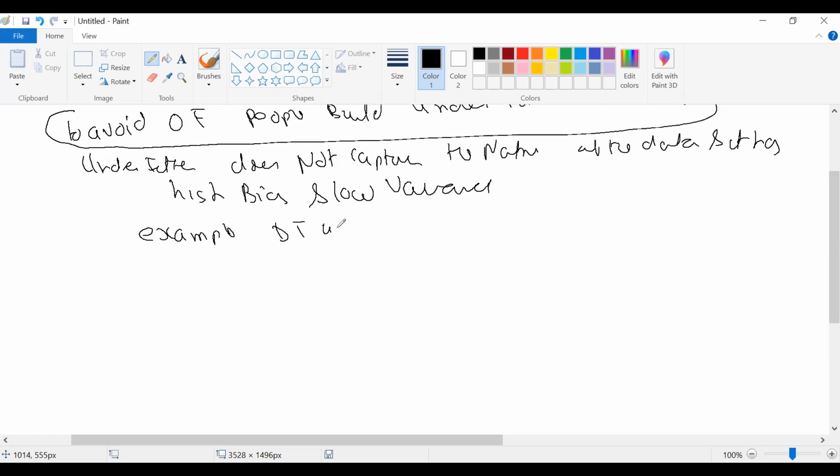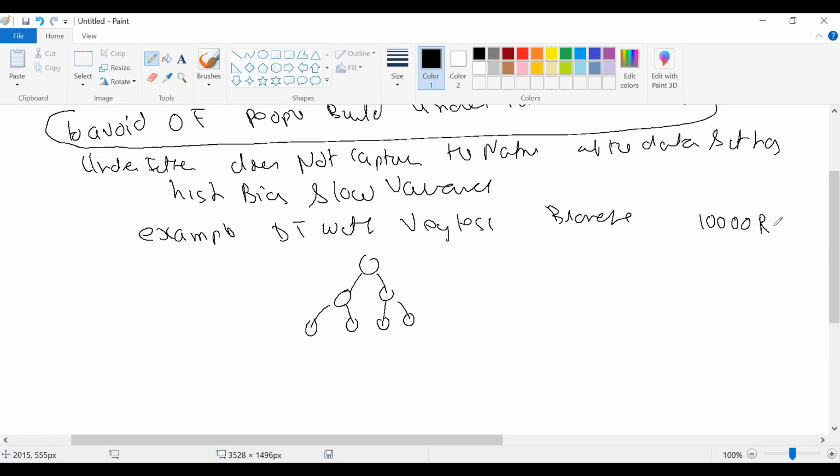Decision tree with very few branches. Suppose you have built your tree something like this. Probably it is underfitted only. Suppose you had 10,000 records and you are saying depth as 2.